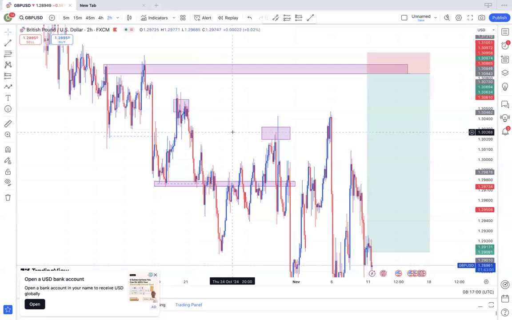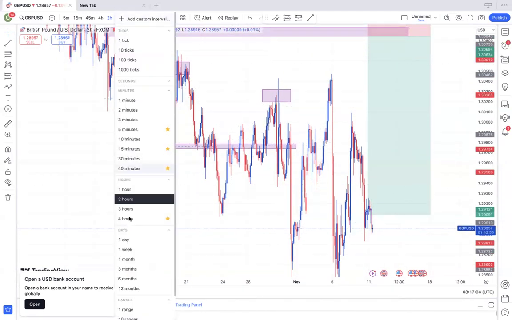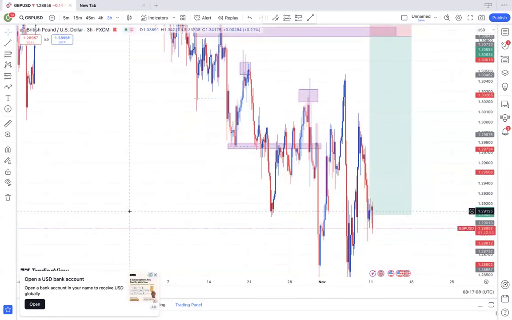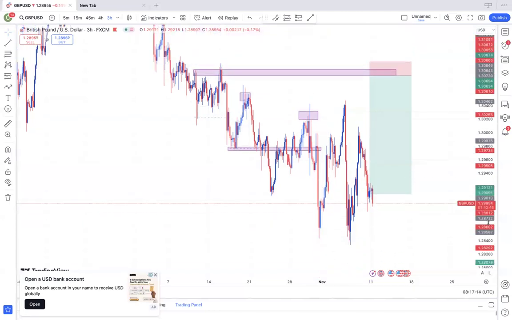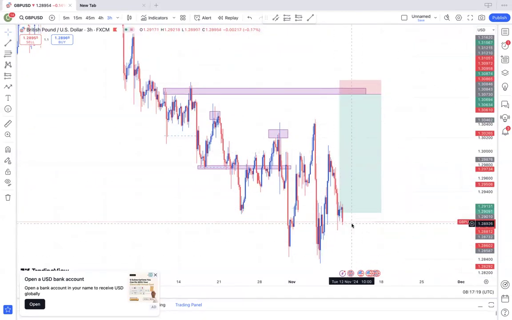I'm expecting the sales. Now for the sales, let's go to like 3 hour. Now for the 3 hour time frame, as you guys can see here, GBPUSD at least created a sell momentum last week.